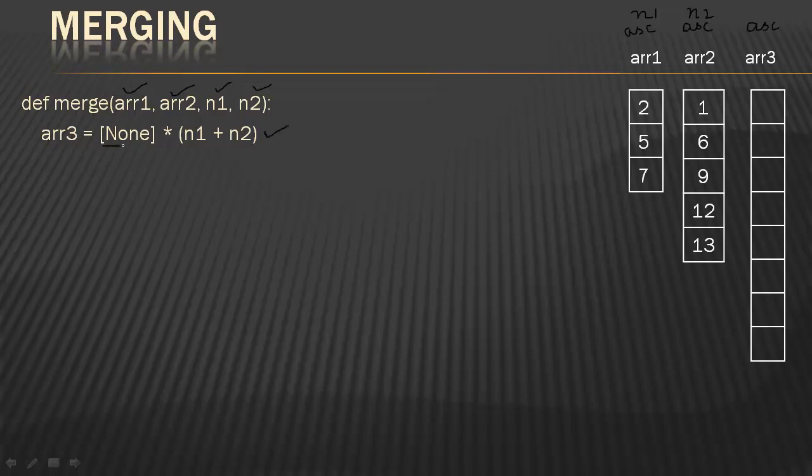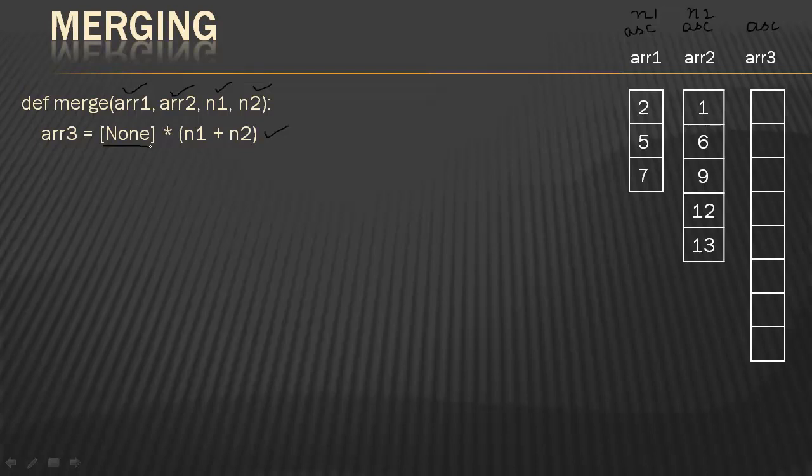I am creating a list with None. None means nothing. And I'm multiplying it. We have learned the multiplication operation with a list. If I have elements 2 and 3 in a list and I multiply it by 3, I get 2, 3, 2, 3, 2, 3, repeated 3 times.